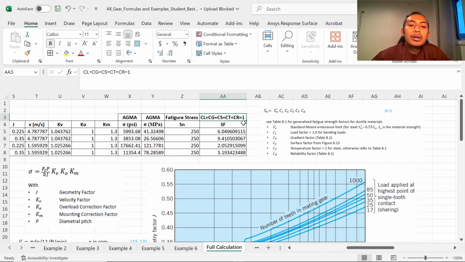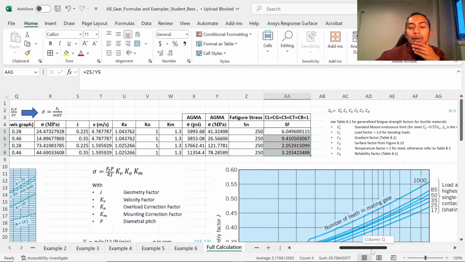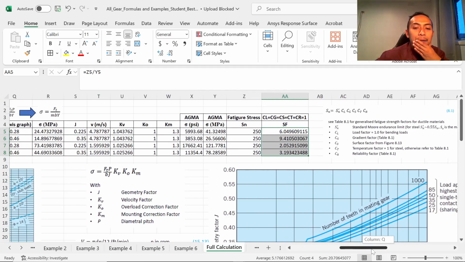I assume all are one, and for the steel it is just 250, and this divided by this, you will get the safety factor. This is the most critical value. We want to know whether it is safe or not, whether it is critical or not, and which one of the gears is critical.